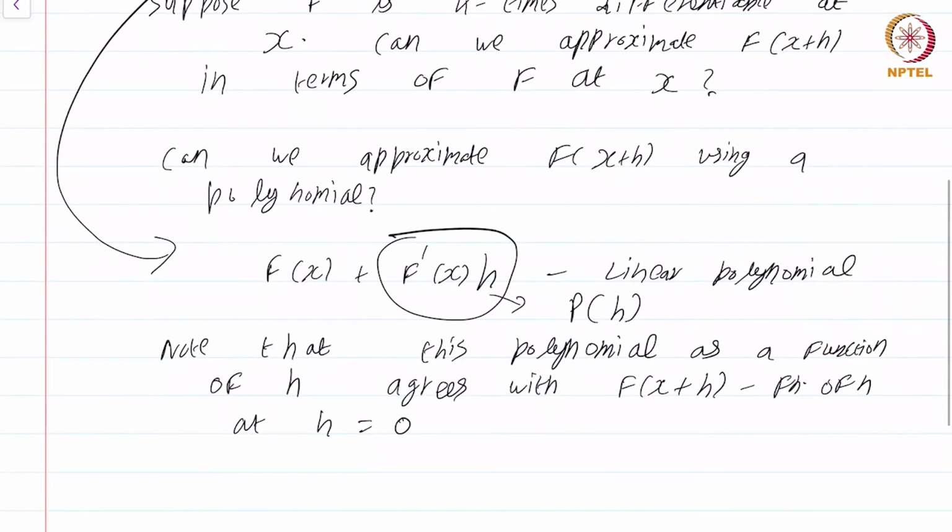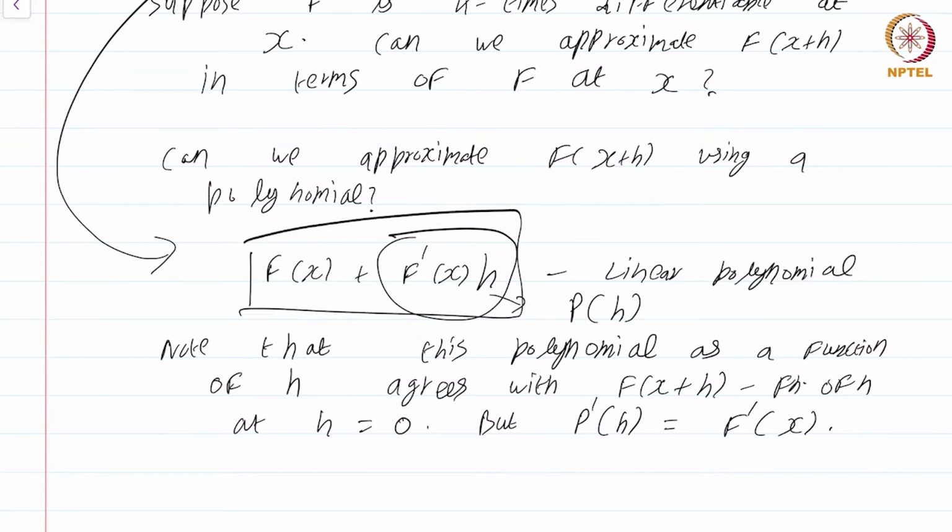But p prime of h is also equal to f prime of x, right? Because when you differentiate this with respect to h, this f of x term vanishes, and for f prime of x times h, the derivative is just f prime of x.